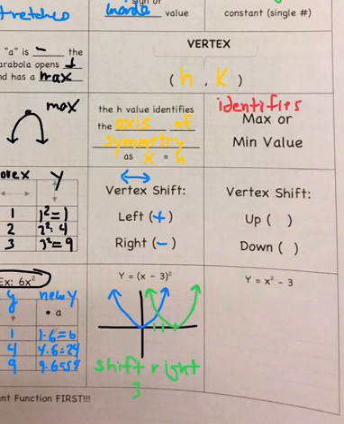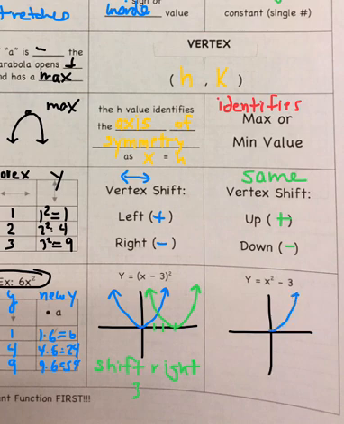Vertex shift, this one stays the same. So up is positive on the outside, down is negative. So once again, now we have x squared minus 3. Parent function still in the same spot. But now we move down 3 units. And it's the same graph, just shifted down.